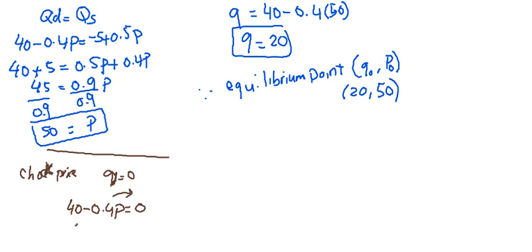We get 40 equal to 0.4P. Divide by 0.4, so the price is 40 divided by 0.4, which is equal to 100. So the choke price is equal to 100.